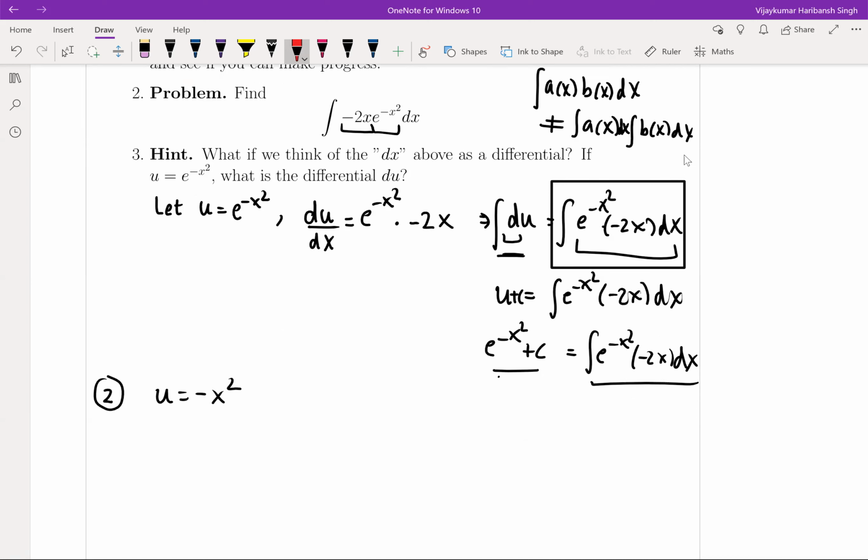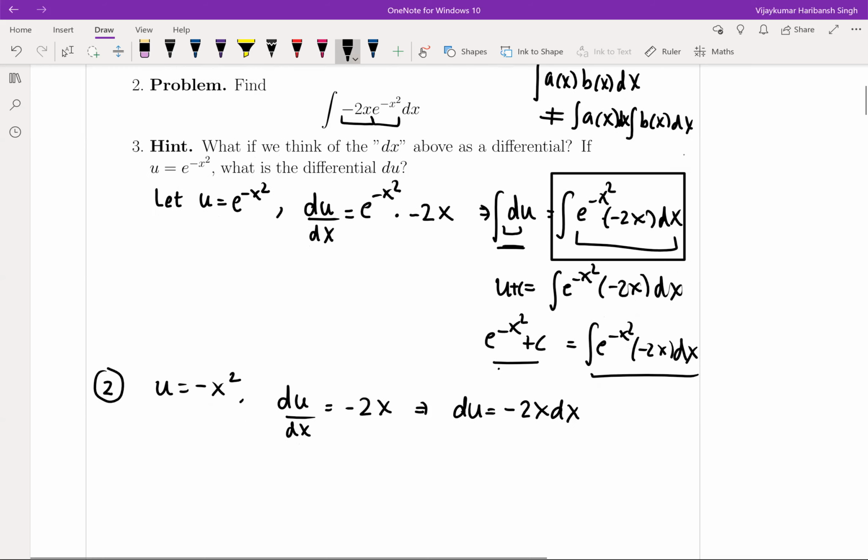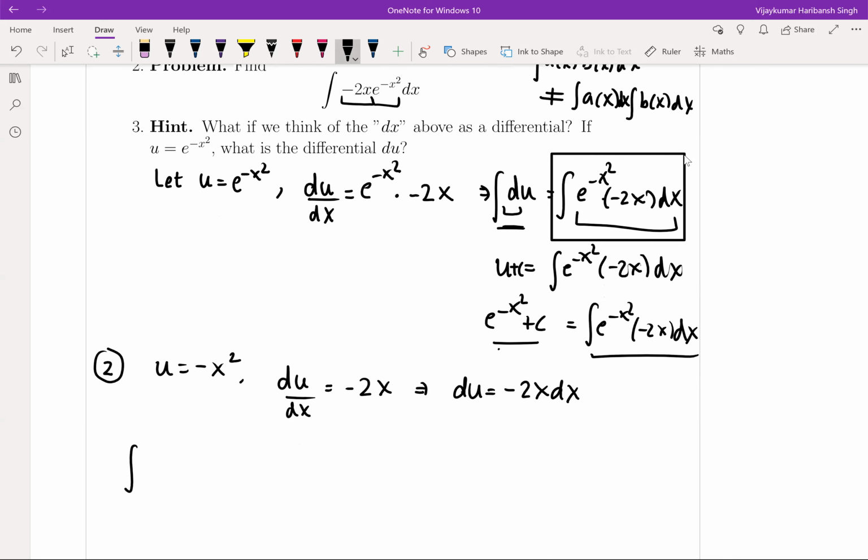So in this case, if you let u equal minus x squared, you get du by dx is minus 2x, or we get du equals minus 2x dx. So now you can replace your original integral. Instead of minus x squared, I'm going to replace everything in terms of u.